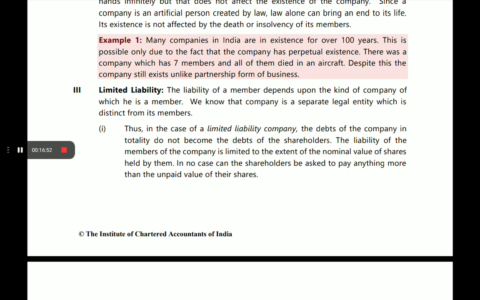The liability of the members of the company is limited to the extent of the nominal value of shares held by them. In no case can the shareholders be asked to pay anything more than the unpaid value of their shares.